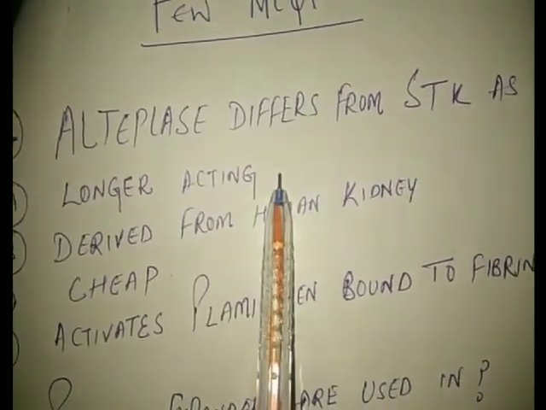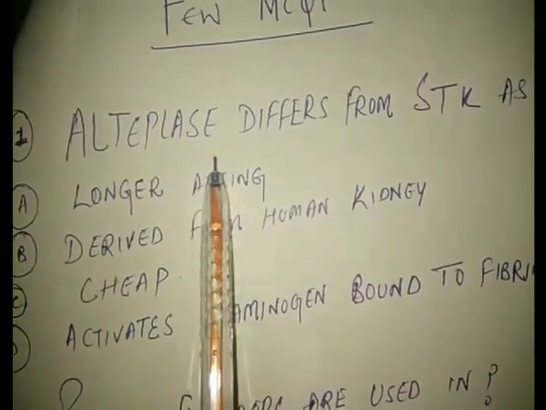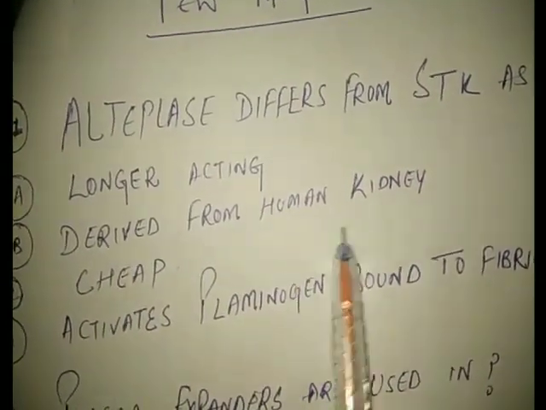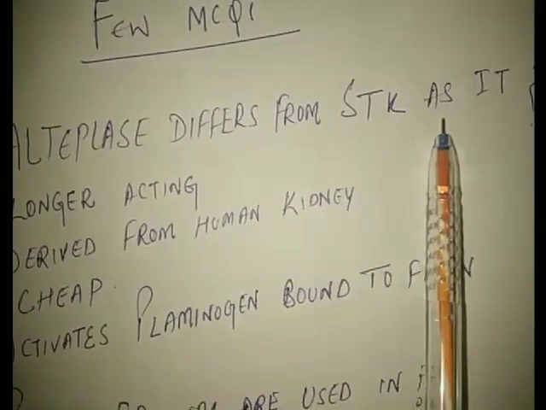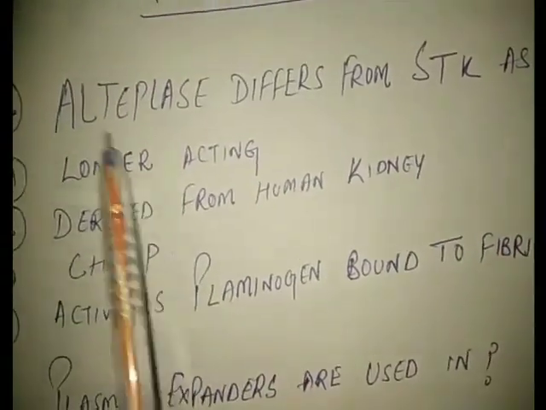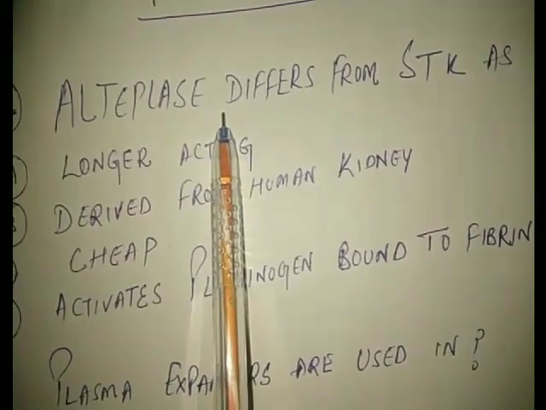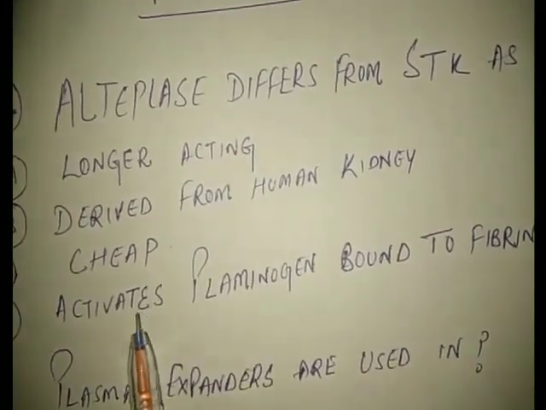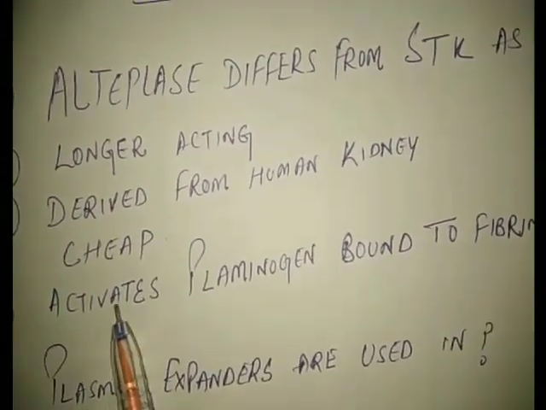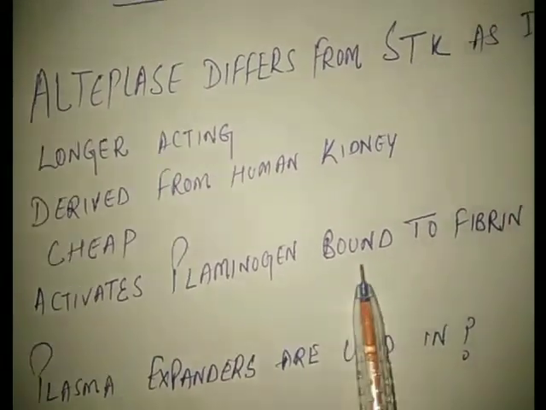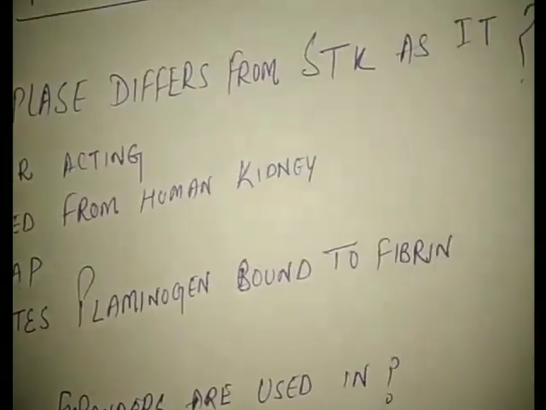Reteplase and tenecteplase are longer acting. Alteplase is short acting, and it differs from streptokinase because it is more fibrin specific, and because it is fibrin specific, it activates the plasminogen which is bound to the fibrin. This is the right option.